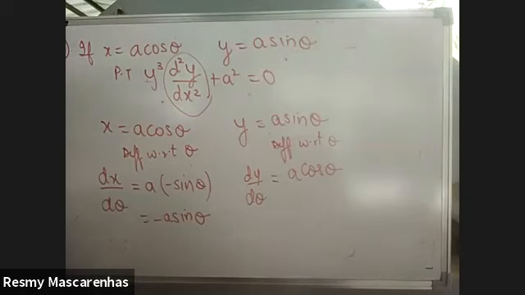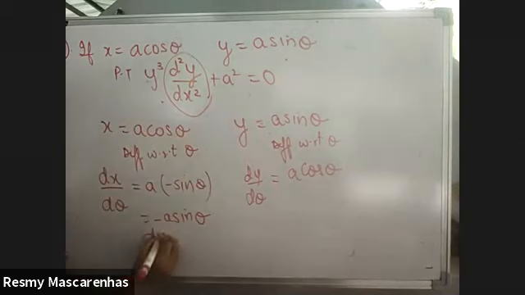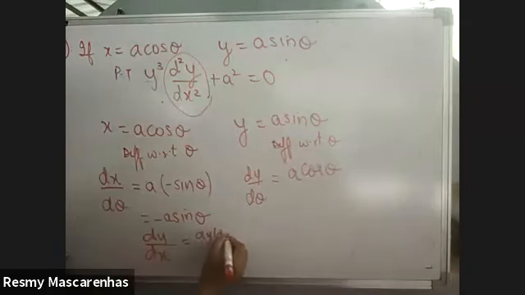Then find dy by dx: second answer upon first answer. So dy by dx is nothing but this answer upon first answer.